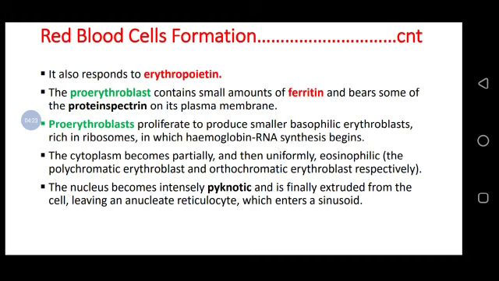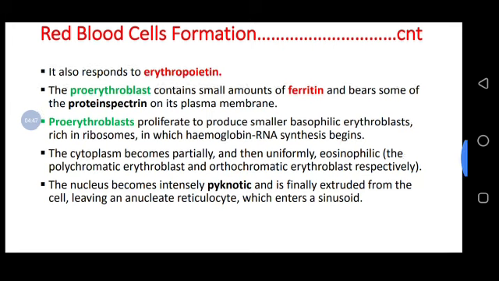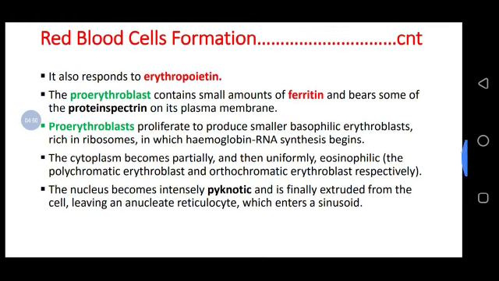So the pro-erythroblast later on proliferates, they start to be produced in large numbers, they produce a lot of small basophilic erythroblasts. This basophilic erythroblast is where the hemoglobin RNA synthesis begins, it starts at that stage. So the cytoplasm becomes partially and then uniformly eosinophilic. The prochromatic erythroblast and orthochromatic erythroblast respectively.